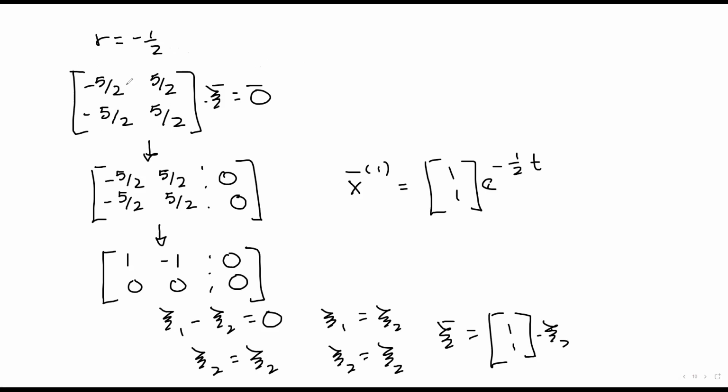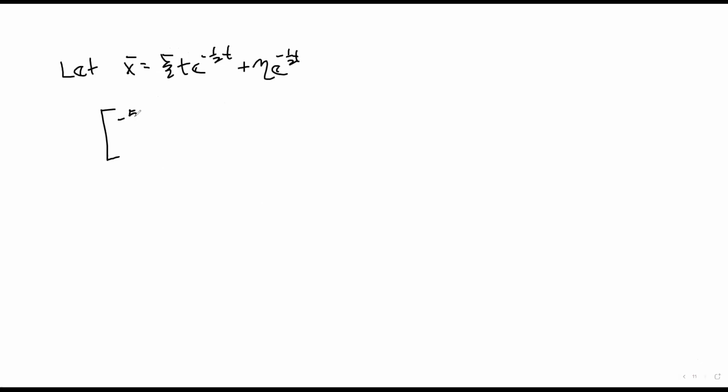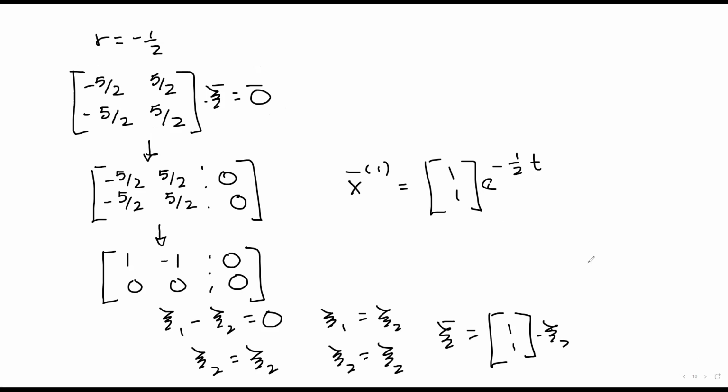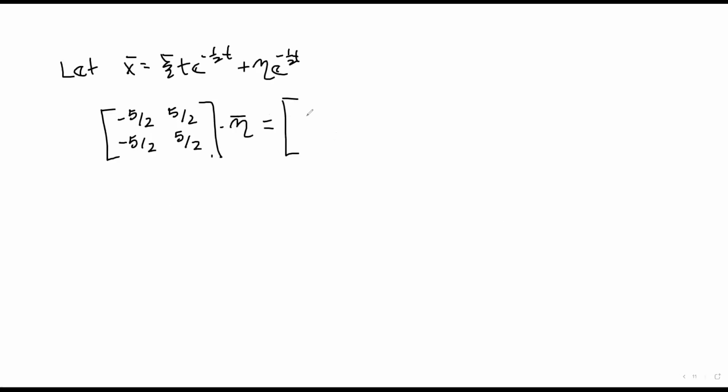This is A minus -1/2 I. So we're going to take that, and instead of multiplying it by xi, we're going to multiply it by eta. We're going to have -5/2, 5/2, -5/2, 5/2 times eta equals xi, which is 1, 1. All right, so one more time, I'll show you where that came from.